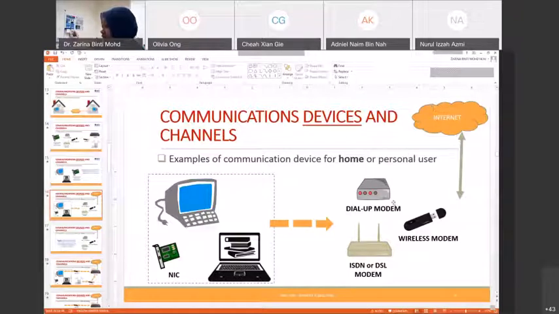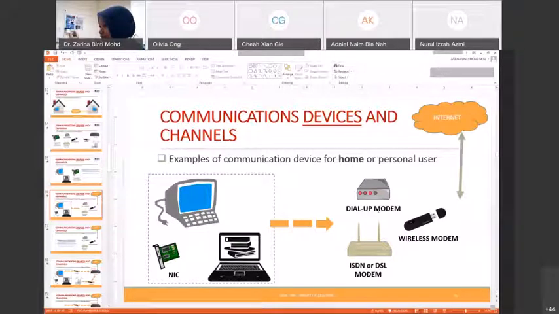The modem comes in many forms: it can be a dial-up modem like this, or it can be a wireless modem. A wireless modem needs to have a SIM card, which will enable the data to be communicated through the wireless media.